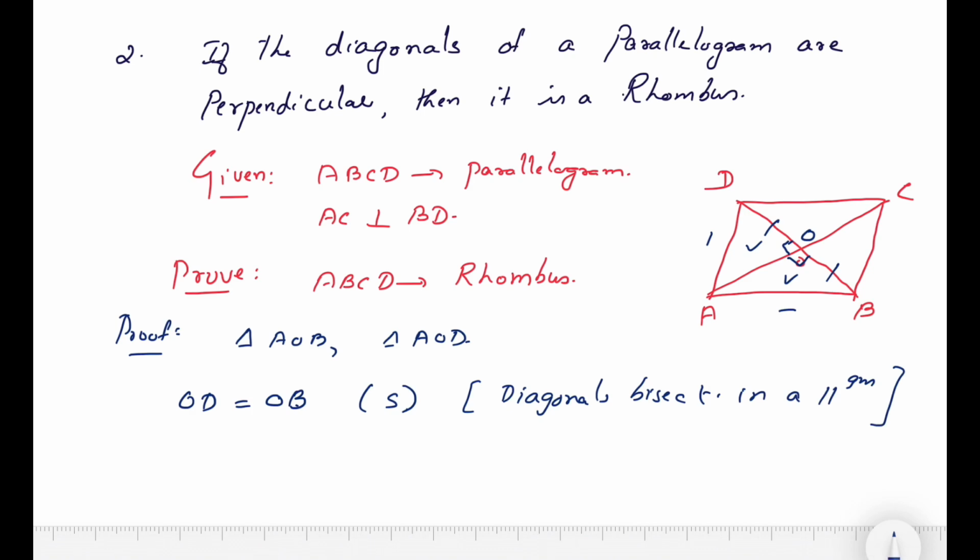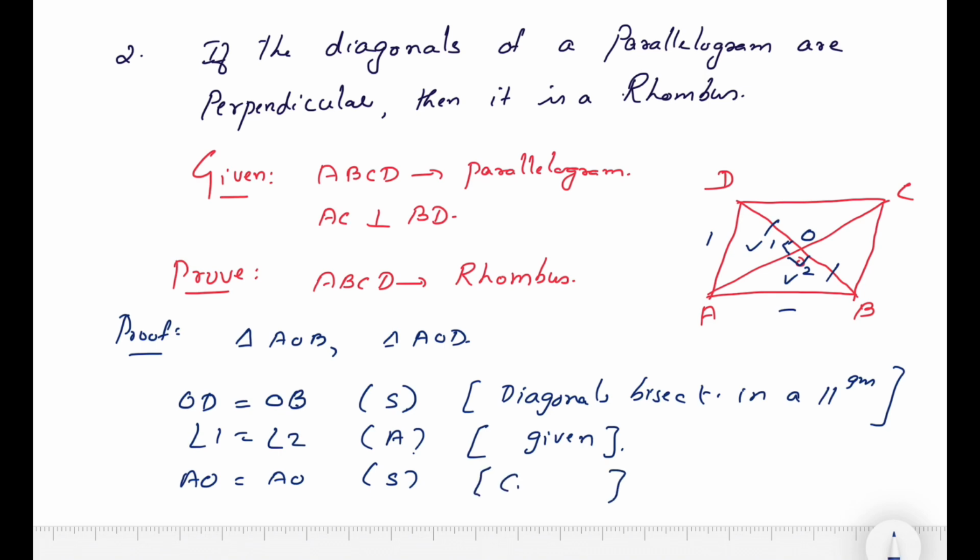Then we will put this as 1 and 2. Angle 1 equal to angle 2. It is given. And then AO is common. AO equal to AO, common side.